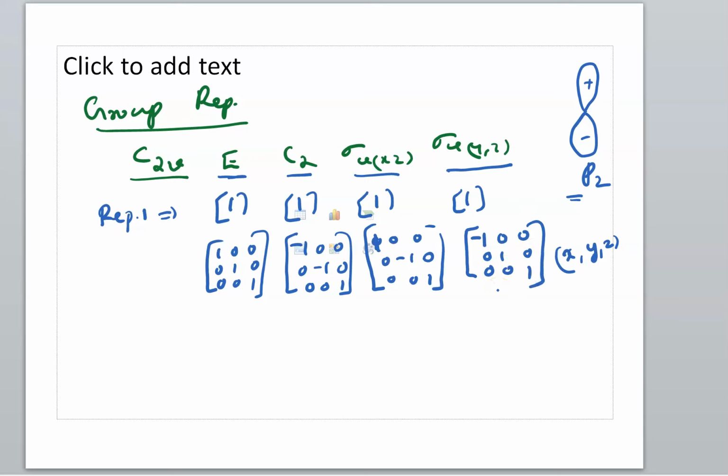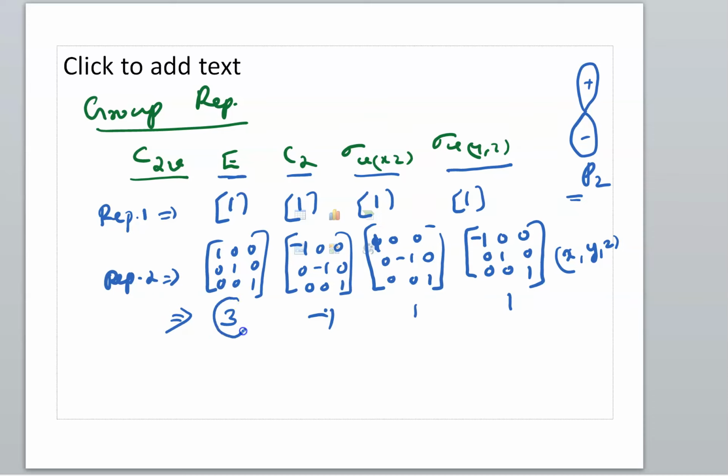But we need not write the full matrix for the representation. This is representation 2, and we need to write only the character of the matrices. Character is the sum of the diagonal elements, and the characters of these matrices are 3, minus 1, 1, and 1. This is the second representation: 3, minus 1, 1, 1.